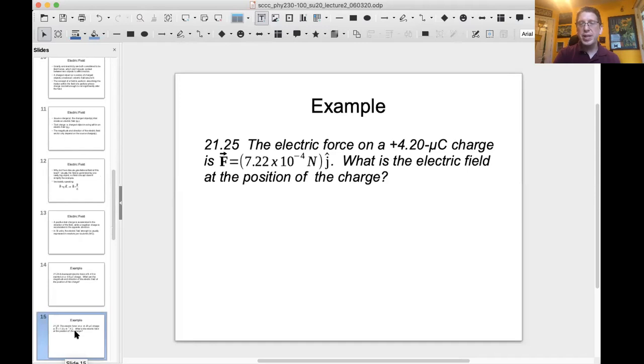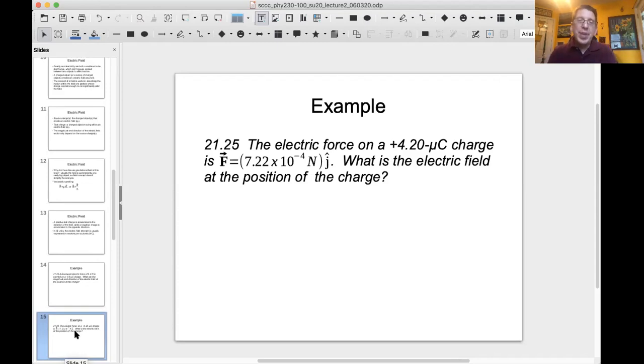The electric force on a positive 4.20 microcoulomb charge is, and this is in unit vector notation. I'm assuming you've taken physics with calculus that includes the vector analysis. And so in unit vector notation, there's a unit vector i that points in the x direction or along the x-axis, a unit vector j that points in the y direction or the y-axis, and a unit vector k that points in the z direction, the positive z-axis.